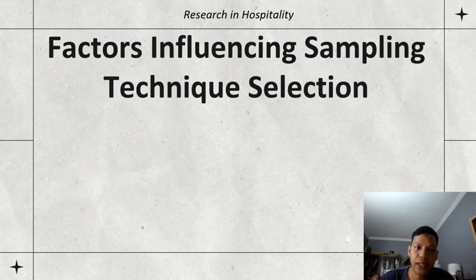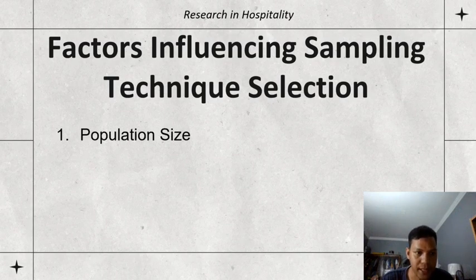Now let's proceed to the factors influencing sampling technique selection. What are the factors that will help you decide what sampling technique you need to select or use? The first one is the population size of your study.